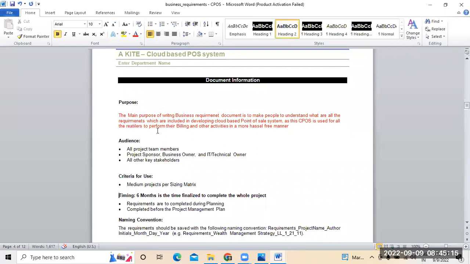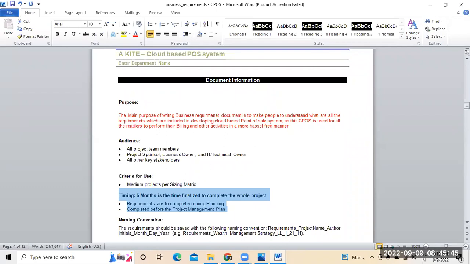Now, timings. Here you need to write down the time it takes to complete this application. Normally the project management team will decide how much time we have to complete the project. It may be 6 months, 8 months, 12 months or 18 months, whatever the duration could be.